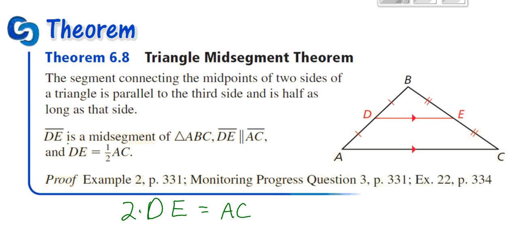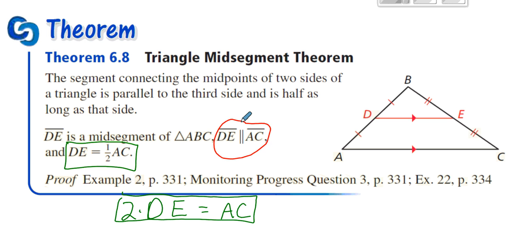Those two statements are logically equivalent, but as we're setting up equations, it might be more beneficial to use that second one. And also notice that DE is always going to be parallel to AC.